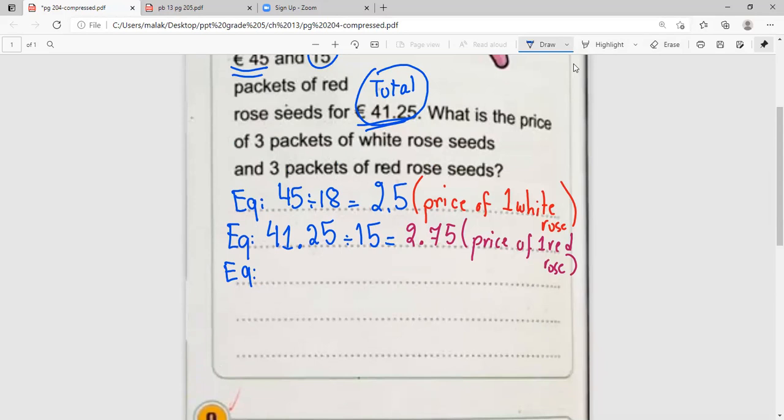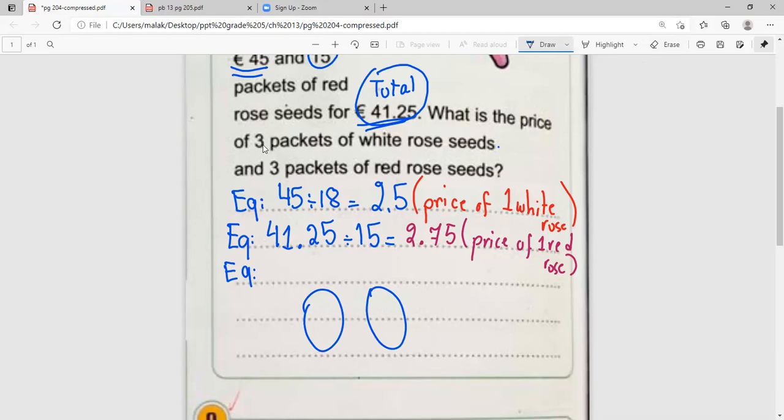Okay. Now we found the price of one white rose and one red rose. Now Jad, what is the price of 3 packets of white roses? So how many packets do we need now? I'm asking you to find the price of what?